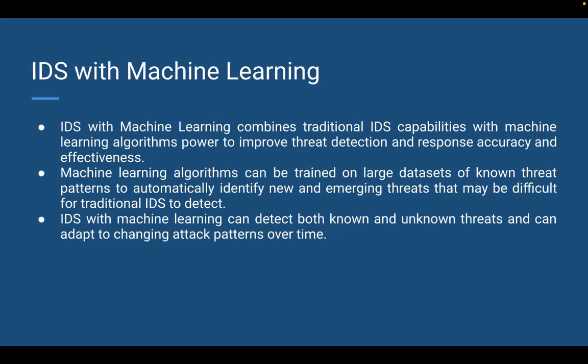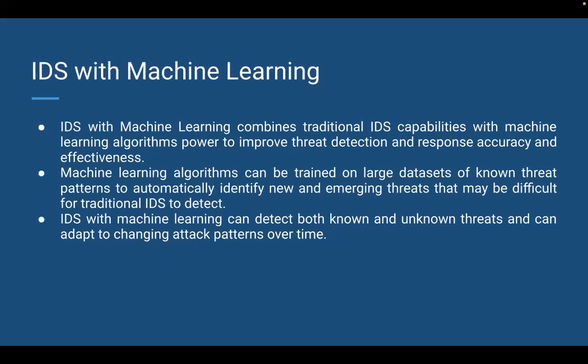Machine learning algorithms can be trained on large datasets of known threat patterns to automatically detect new and emerging threats that may be difficult for a traditional rule-based IDS. Moreover, IDS with machine learning can detect both known and unknown threats and can adapt to changing patterns over time.